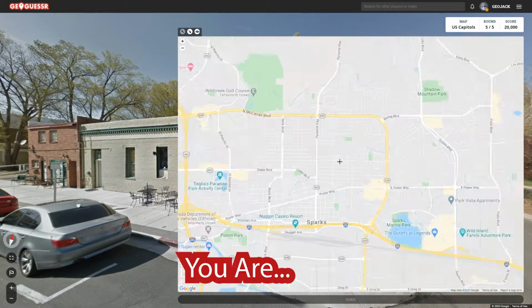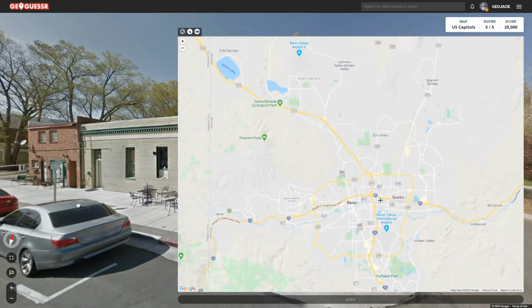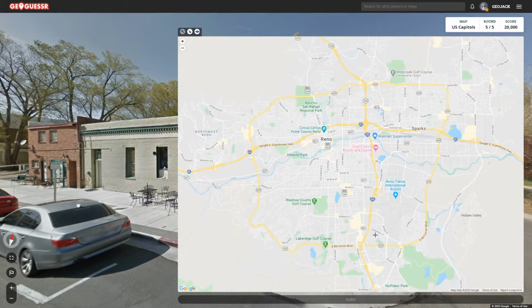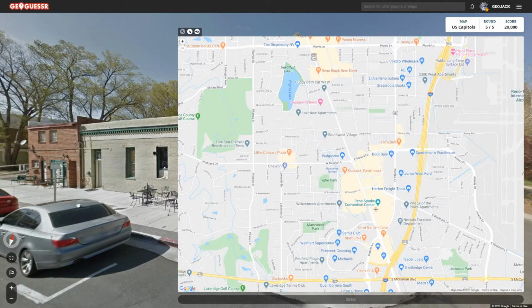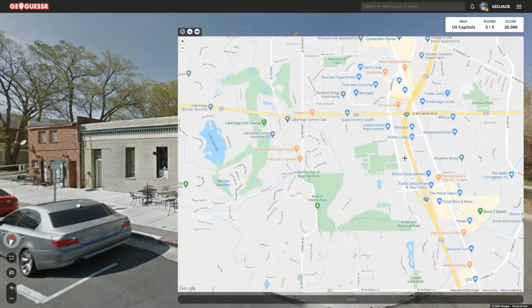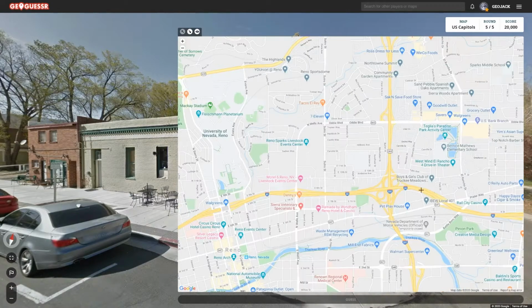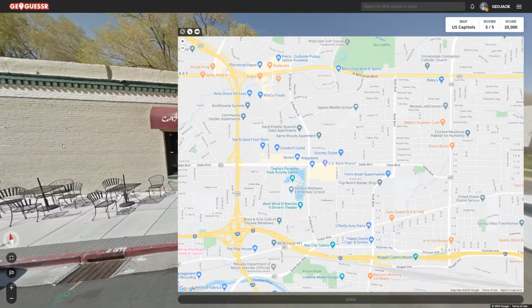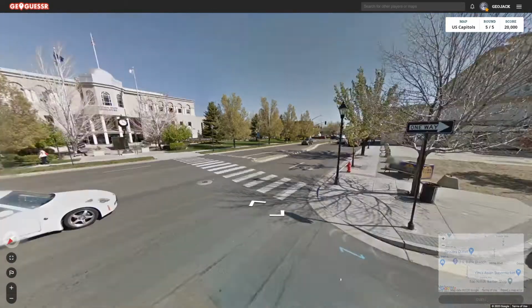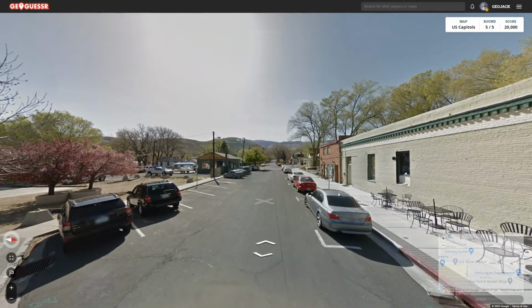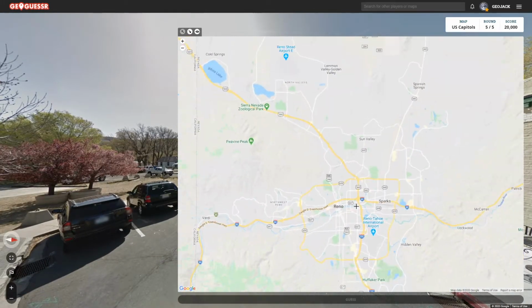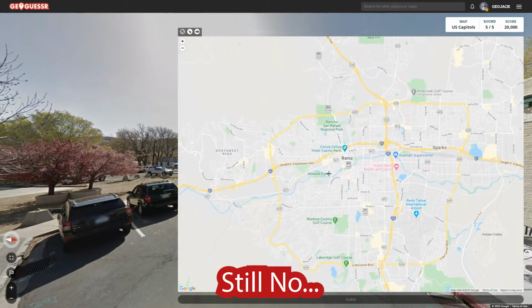I mean, I could be wrong, it might not be Reno, but I'm 90% sure it is. It looks pretty in the sticks, doesn't it? It doesn't look central, and we're pretty close to the hills as well. So maybe we're more this end.